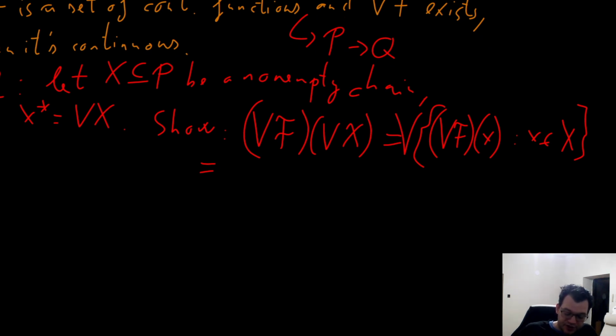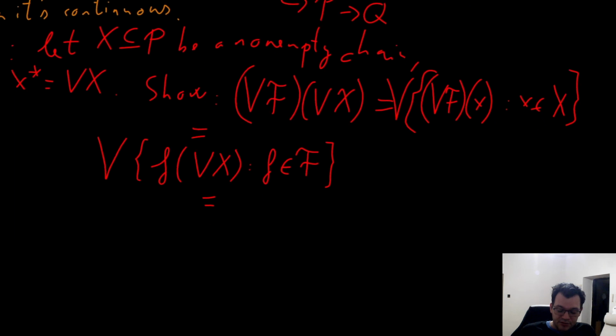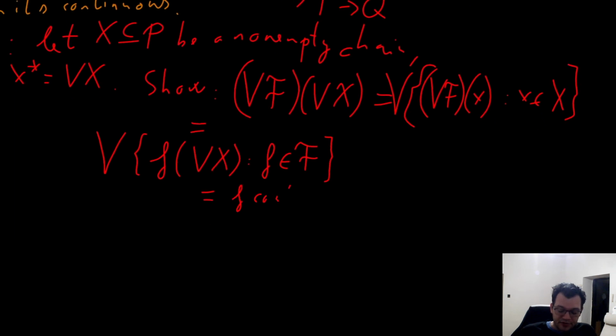Let's take the supremum of all the functions f on the supremum of x, f belonging to capital F. Now here F was a set of continuous functions, and X is a non-empty chain having a supremum, so I can swap the f and the supremum because of the continuity of f.